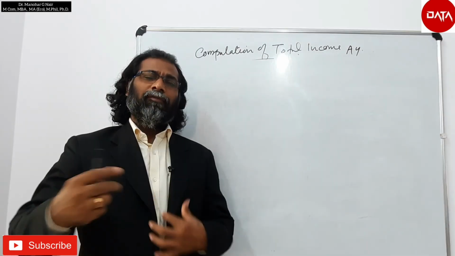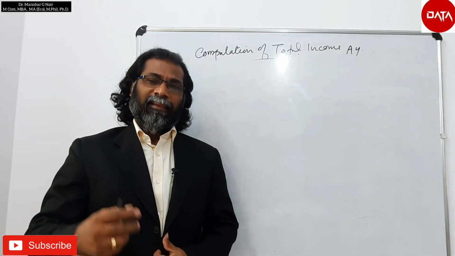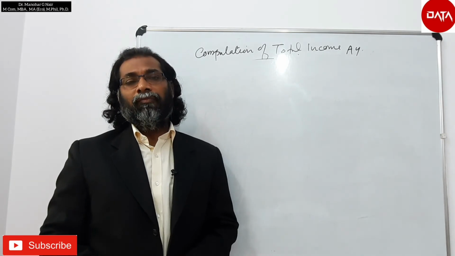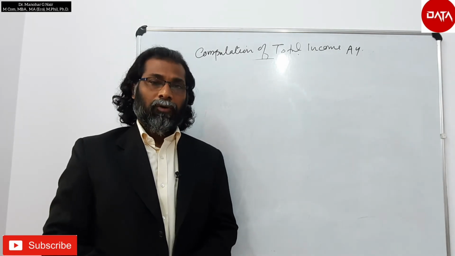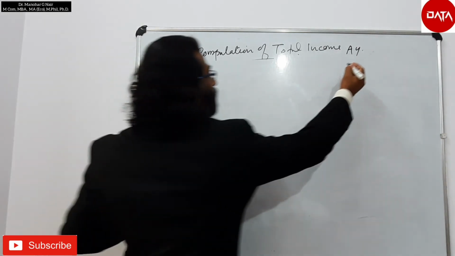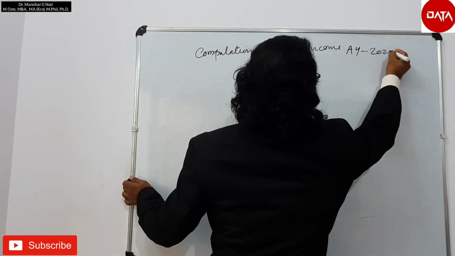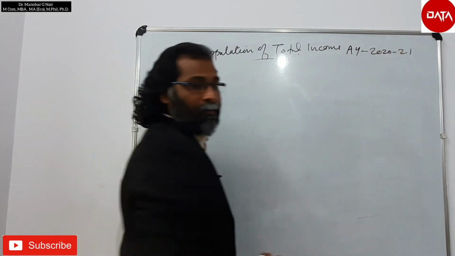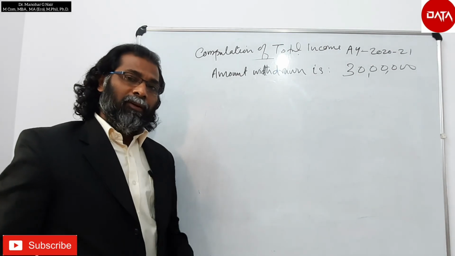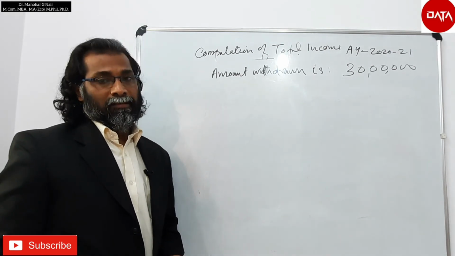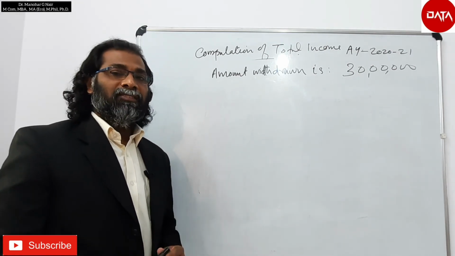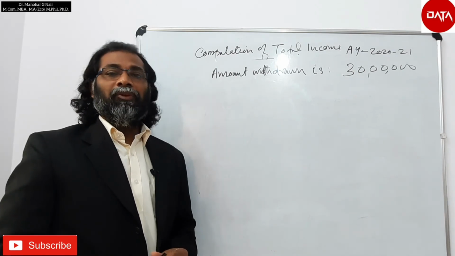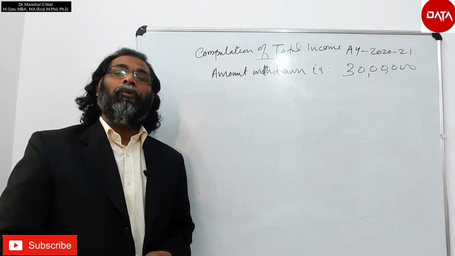Then what about the next year? The year in which the amount is withdrawn from the account. So for the assessment year 2020-21, the amount withdrawn is rupees 30 lakhs. Out of this, 18 lakhs were utilized for the approved scheme.